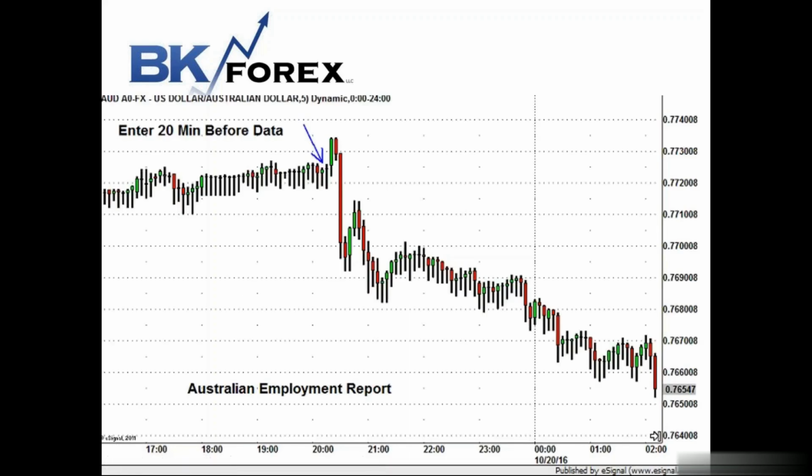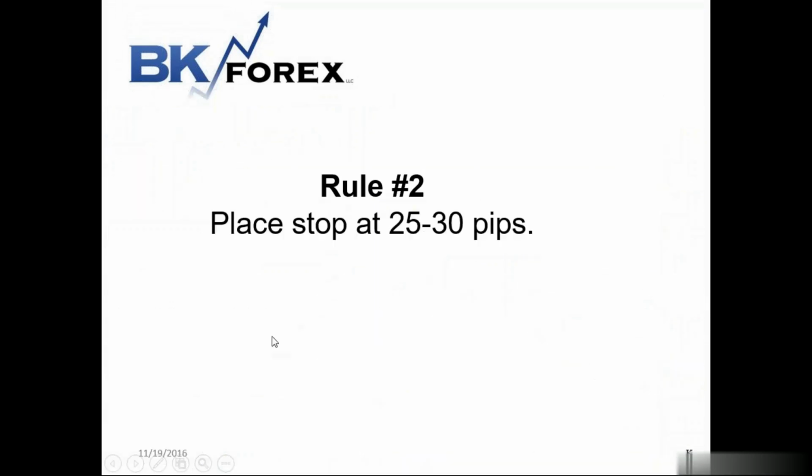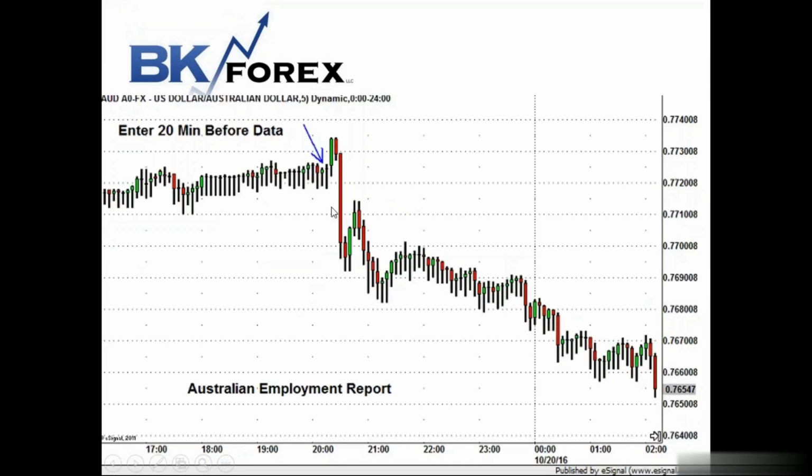So here we enter the trade 20 minutes before the release, and that's where my arrow is pointing. You can see right before that, we have very nice, quiet consolidation. The currency pair is making stops, pretty clearly defined. You place your stop about 25 or 30 pips away from your entry point.